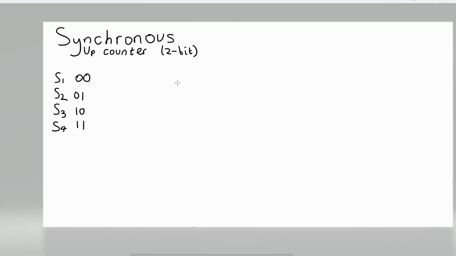And the best thing to do is to draw a state diagram, and this is important for state machines because they don't just count like this and then go back to the beginning. You could say you just wanted to count between these two. You draw a state diagram which would look like this.